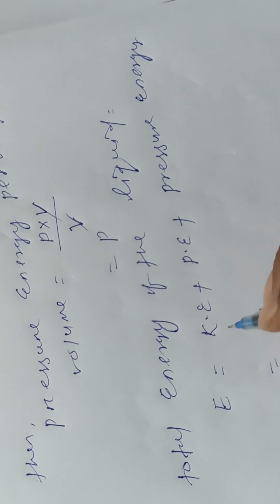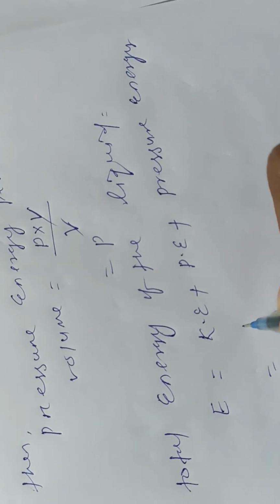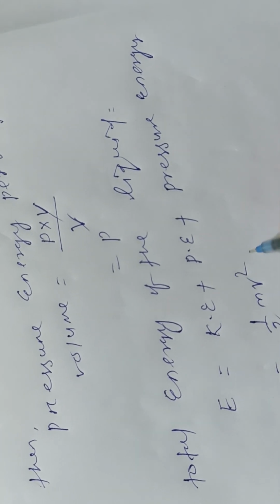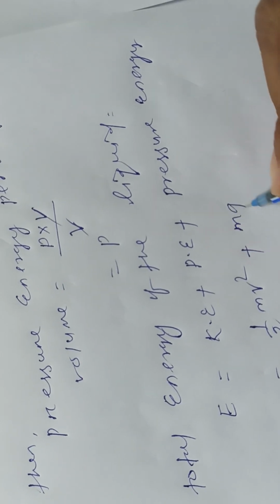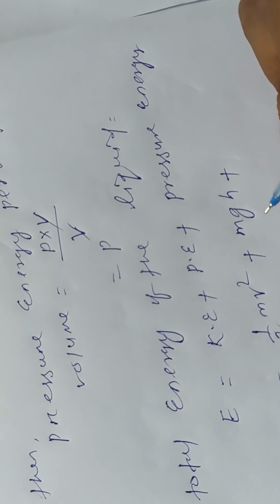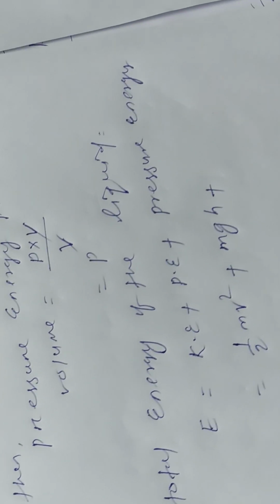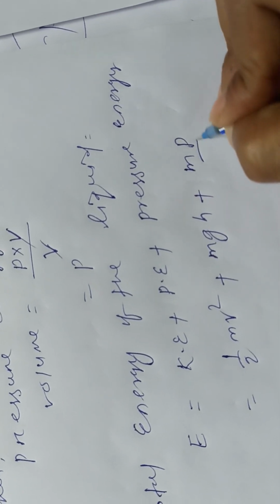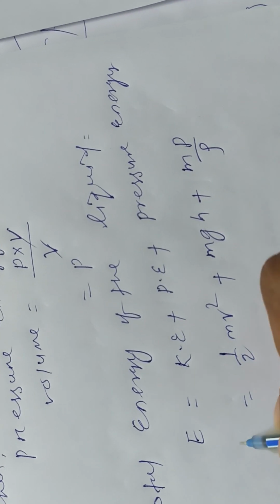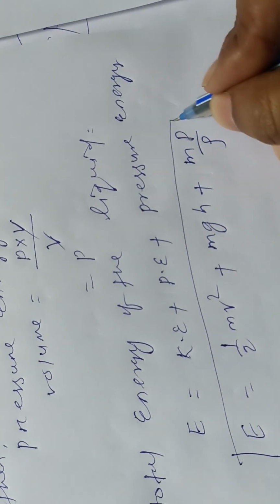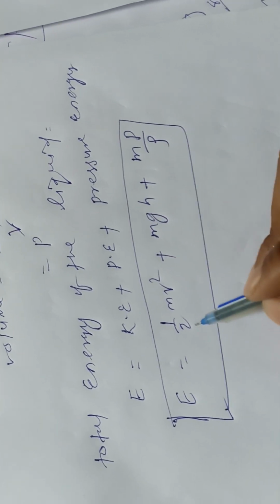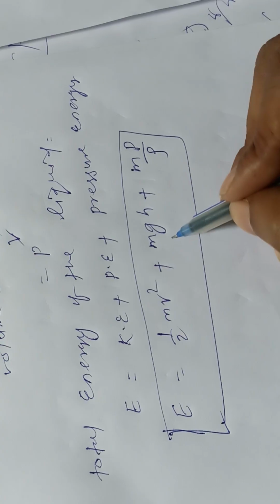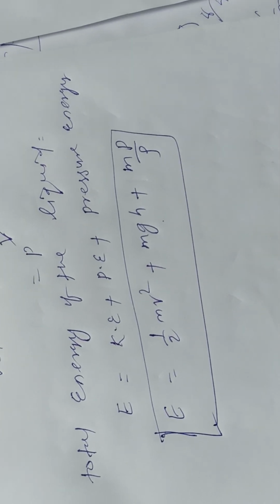Kinetic energy is half m v square, potential energy is m g h, and pressure energy is m P by rho. This is the total energy of the liquid. It is the sum of kinetic energy, potential energy, and pressure energy.